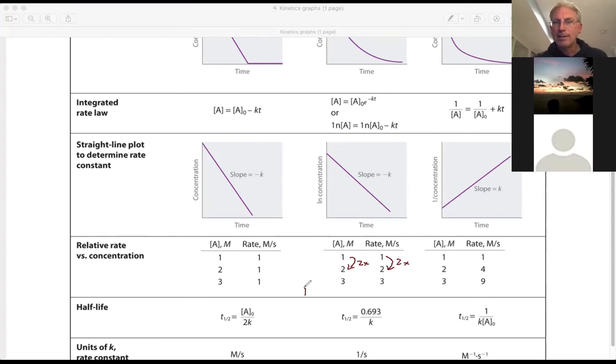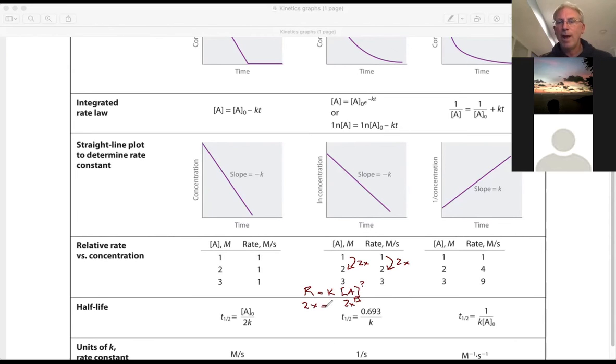because your rate is equal to K times [A] to some power we don't know. If my rate doubled, if this was 2 times, forget your constant for a second, and my concentration did something weird, what power could I put in here to make both sides of this equation equal to each other? 1.